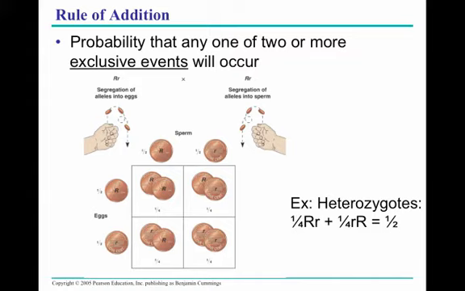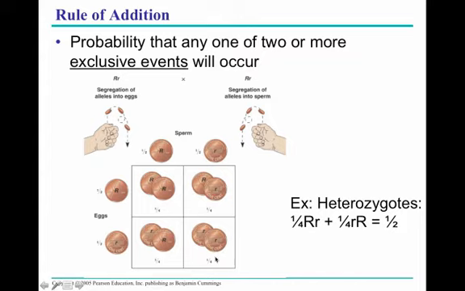And we can also do that here as well for phenotypes. So these organisms will have the dominant phenotype. So there would be a 75% chance, or a 3/4 chance, of having the dominant phenotype and a 1/4 chance of the recessive phenotype. All right.